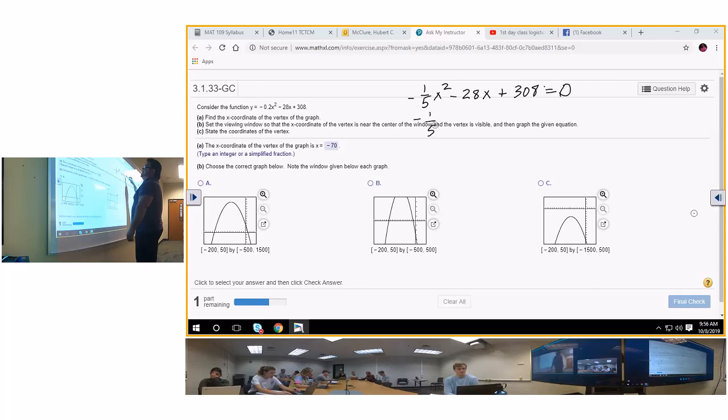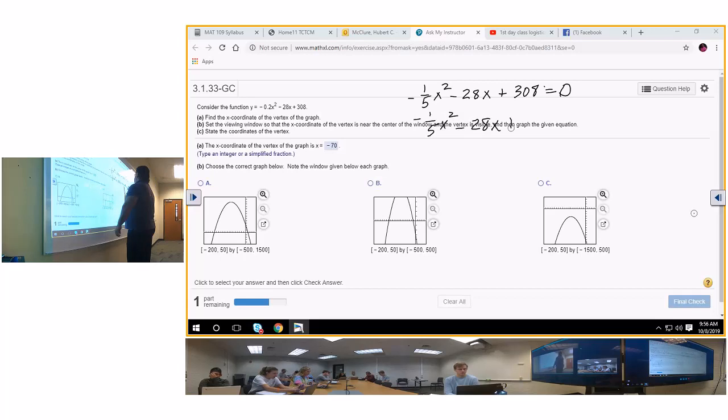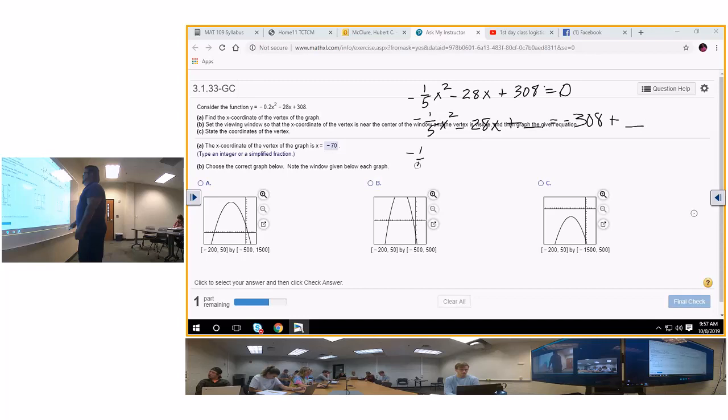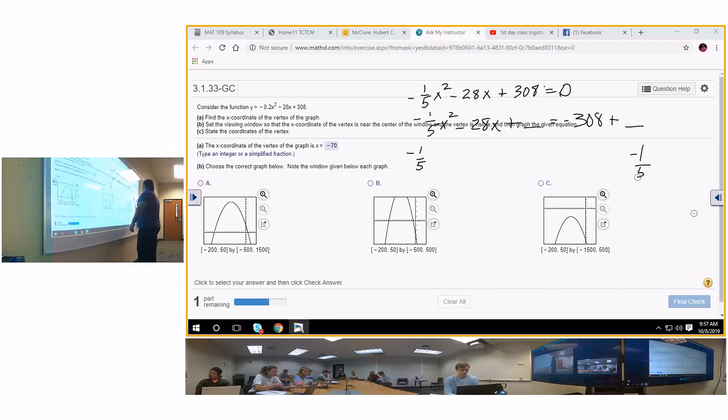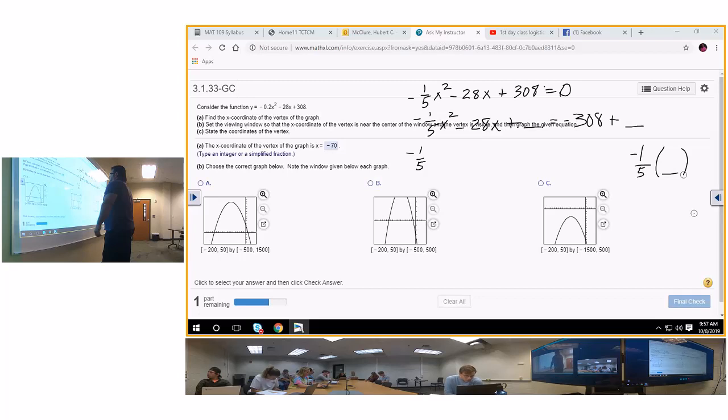-1/5 x squared minus 28x plus blank is equal to 308 plus blank. Now I'm going to divide by -1/5. So if I divide by 1/5, that means I'm going to multiply this over here by -1/5. So what is 28? I'm going to divide by 1/5. That's going to be 28 divided by 1/5, which is positive 28 times 5.